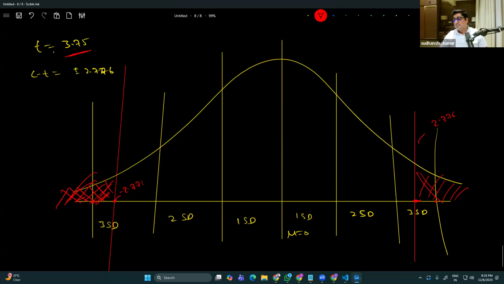Let's suppose mu is equal to 0 at the origin, and 3.75, 3.75. So 3.75 will be beyond my critical range, so it is actually falling under my critical area. Critical area means my null hypothesis is rejected.